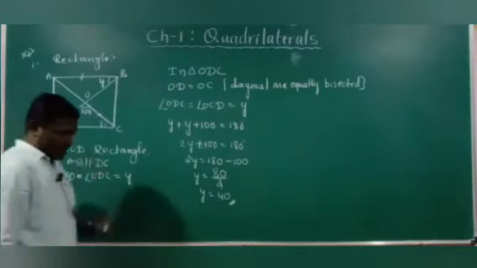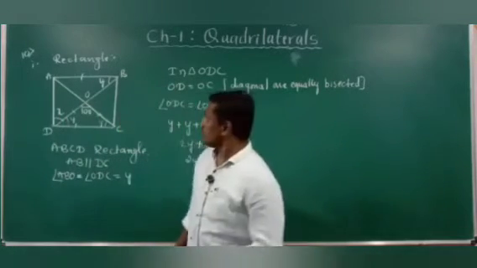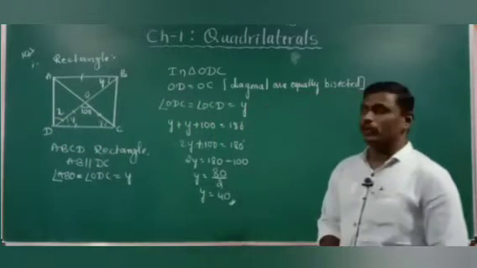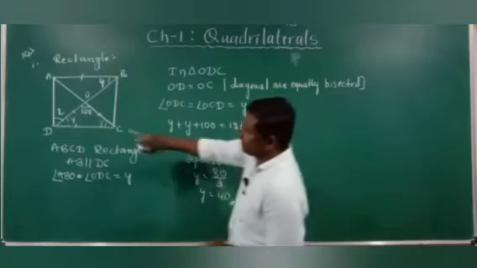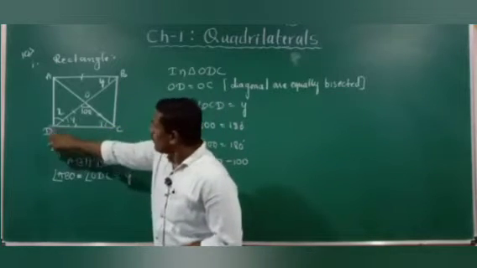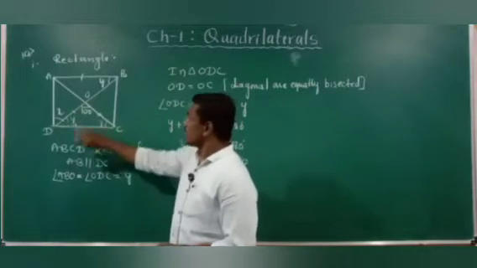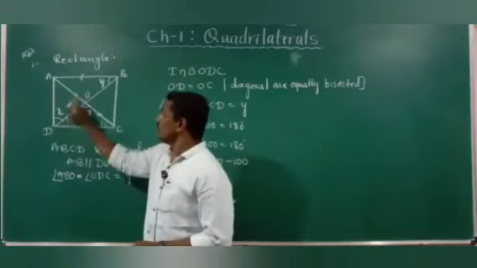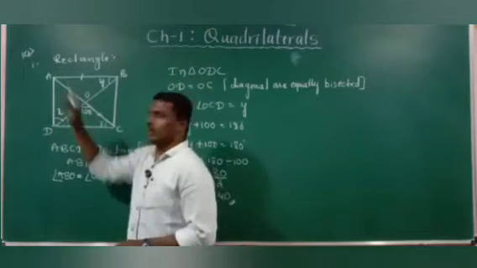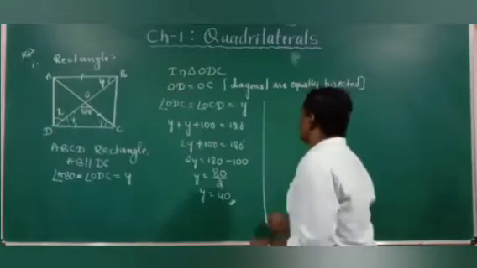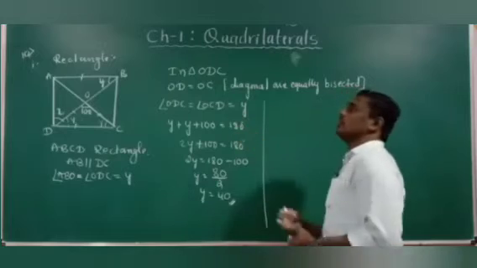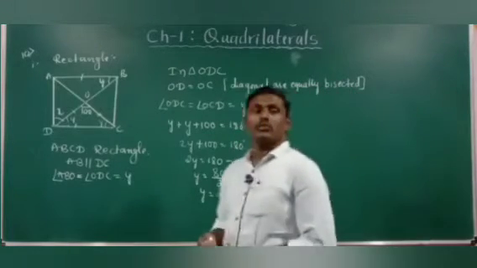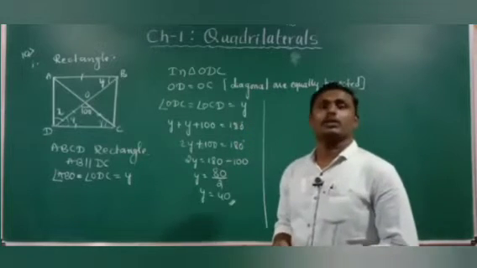Okay. If Y value is 40, we need to find the X value. How can you find the X value? Here angle DOC plus angle DOA form a linear pair because those two angles are adjacent angles. The adjacent angles form a linear pair when they lie on a straight line.